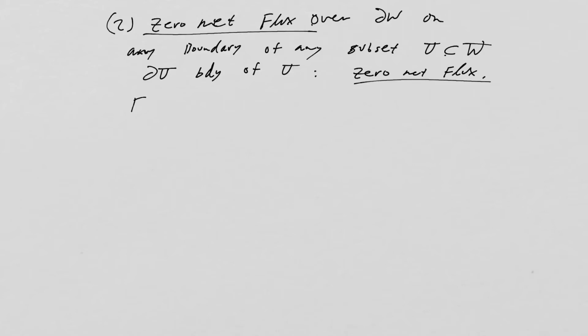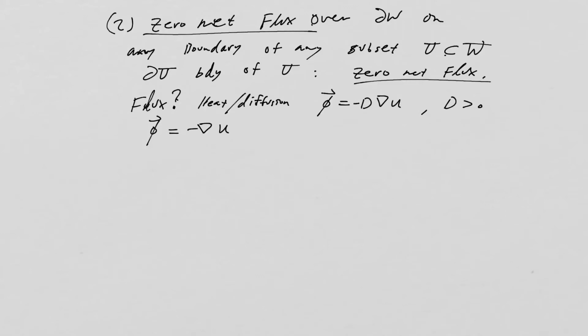So we have to define what flux is here. And recall from the heat equation. So what is flux? For the heat diffusion equation, we know that the flux field is going to be equal to negative D times the gradient of u, where D is some positive constant. In fact, without loss of generality, we can just say that it's equal to the negative gradient.